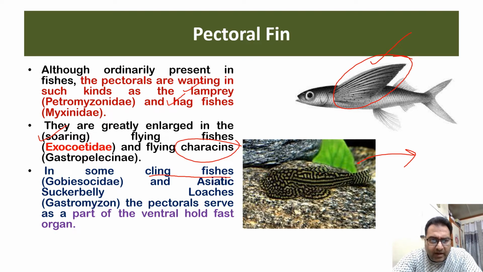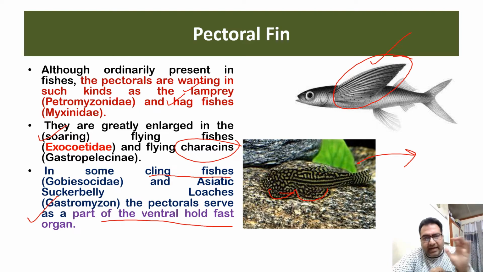In them the pectorals serve as a part of the ventral holdfast organ. This fin is modified so that it has some clinging hooks so that it can hold itself to the substrate or the stones, so that it cannot get washed away by the flow of the water.